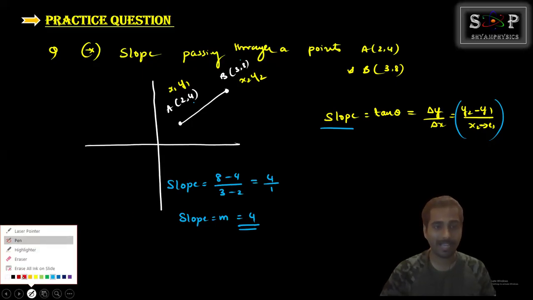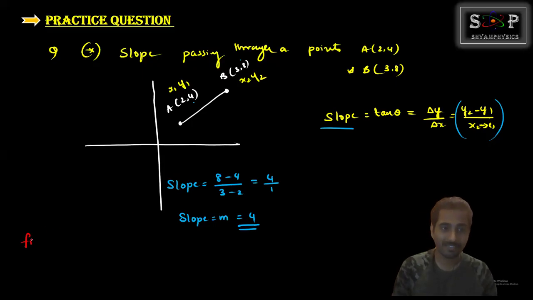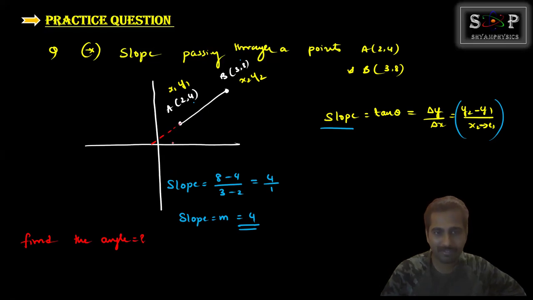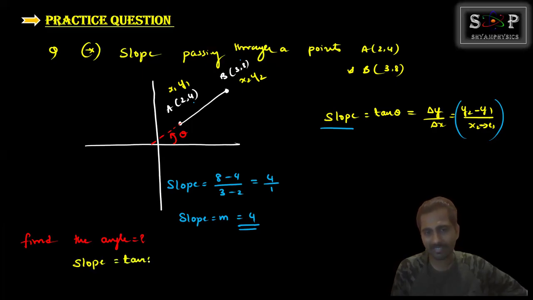In the same question, they might ask to find the angle. What will you do if they ask to find the angle for this slope? Simple, sir. Angle means this is the angle they are asking for, theta. Slope is nothing but tan theta, right? Correct my point. Slope is equal to tan theta.